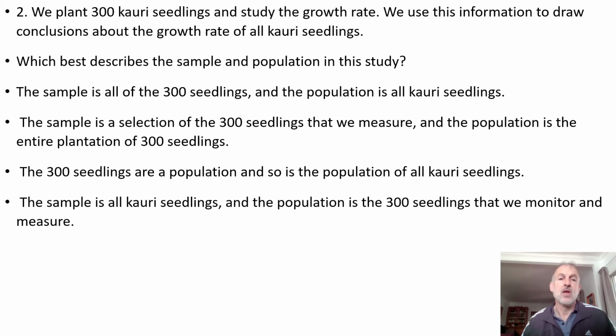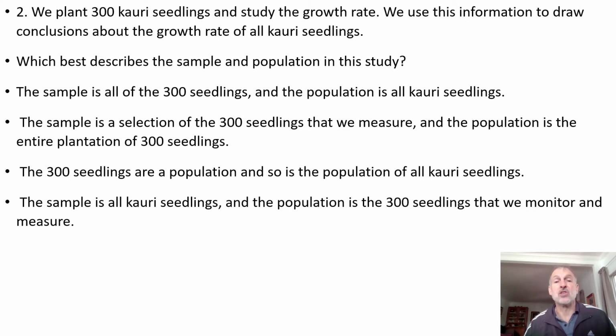Number 2: we plant 300 kauri seedlings and study the growth rate. We use this information to draw conclusions about the growth rate of all kauri seedlings. Which best describes the sample and population in this study? The sample is all the 300 seedlings and the population is all kauri seedlings.